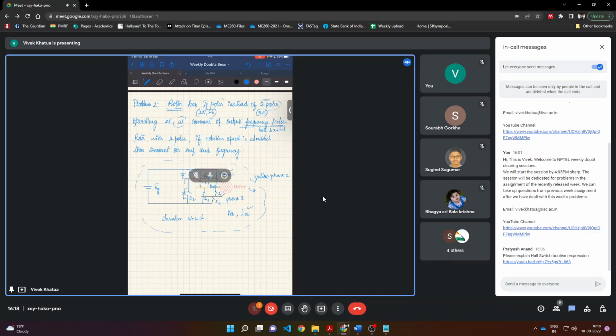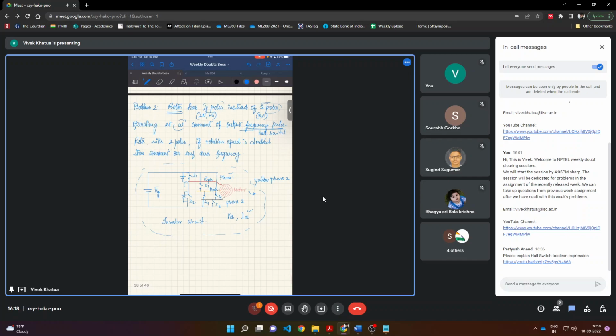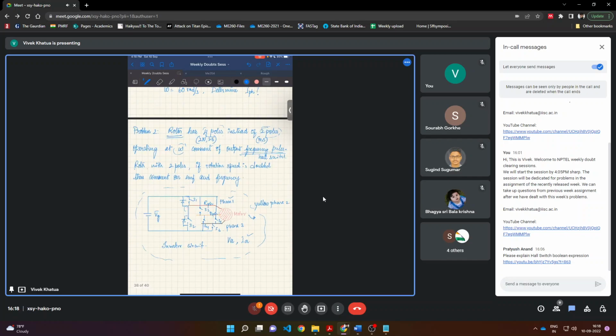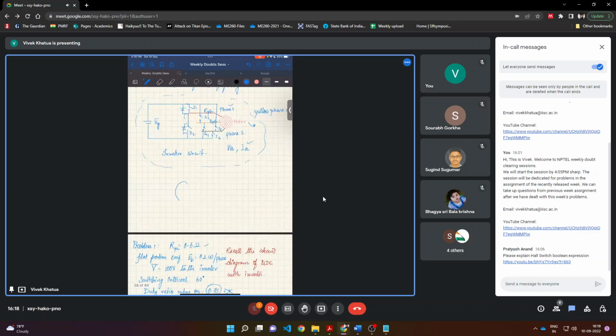Okay, I don't think I'm getting any response. Since we have 4 poles now, let's take the rotor, which initially was north south.